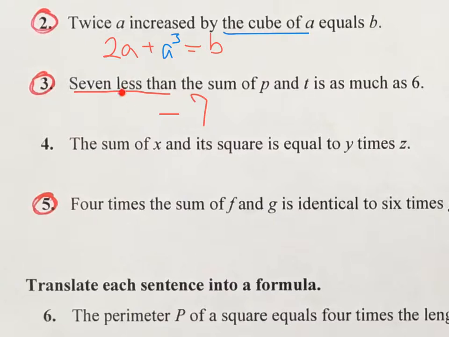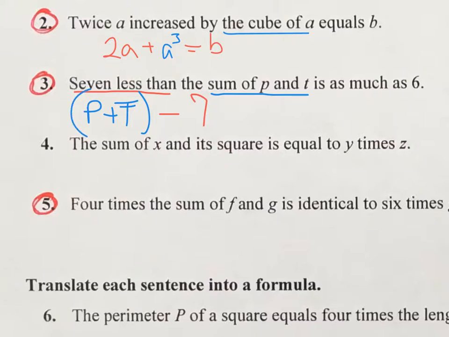But the question is, what goes in front right here? Well, let's take a look at what's in front. It's the sum of p and t. It's going to be p plus t. Now, if you want to have it as the sum, you better put parentheses around it, just to be safe.